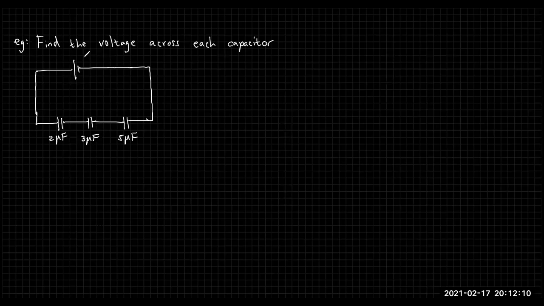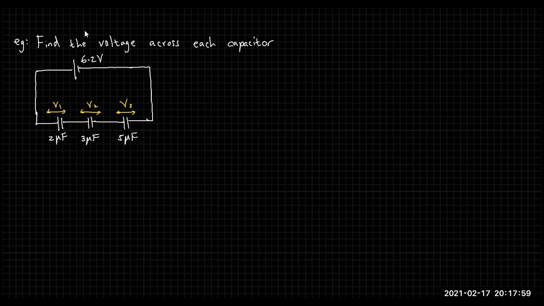Okay, now this is a system and the voltage of the battery is 6.2 volt. All right. So your task is finding the voltage across each of these capacitors, V1, V2, V3. Okay, right. Now let's find this out.